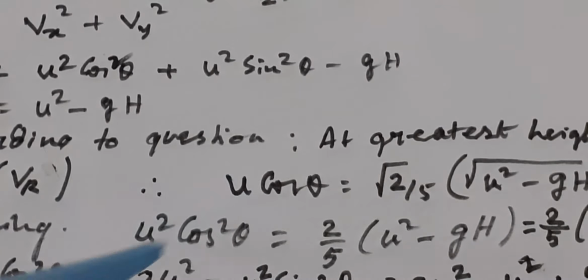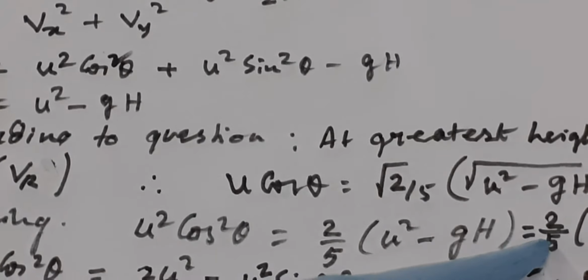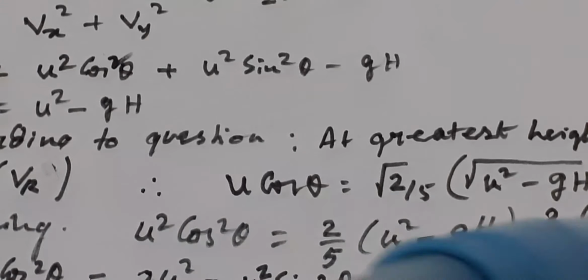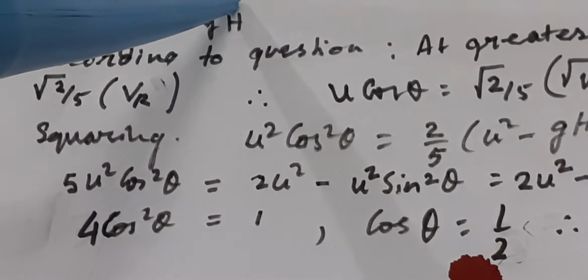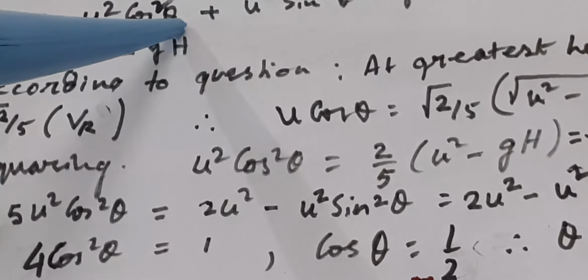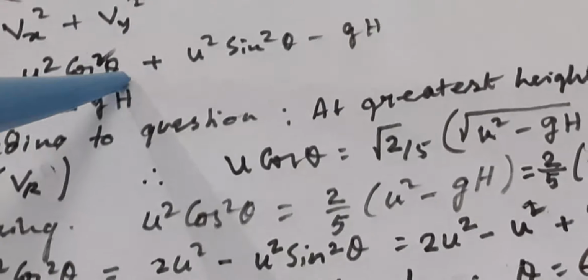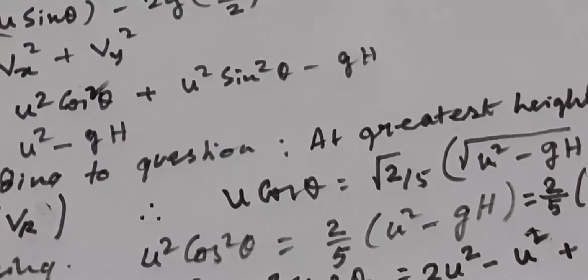This is not a tough job. You just simplify this one, 5 into this one, and you will get 4 cos square theta will be 1, that is cos theta will be half, and we know that theta will be 60 degree. That means the angle of projection of the projectile will be 60 degree.